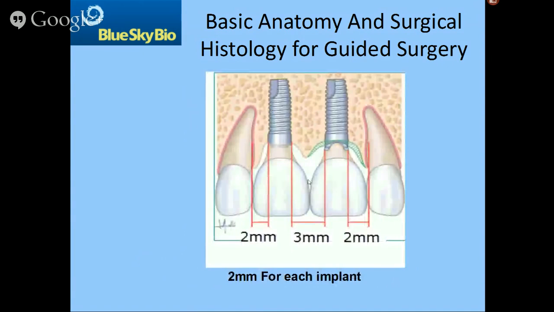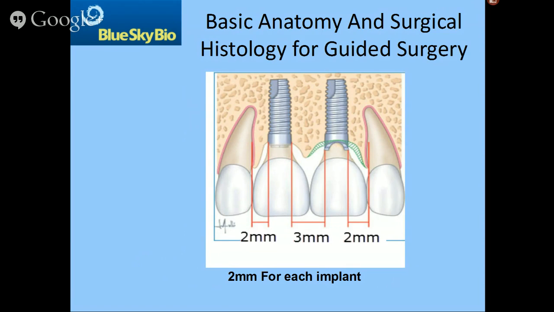What about between implants? Well, you don't have PDL there, and if the implant needs 2 millimeters of bone in between it and the buccal plate, what does it need between 2 adjacent implants? So the answer should theoretically be 2 millimeters, right? But it isn't. The answer really is it should be 3.